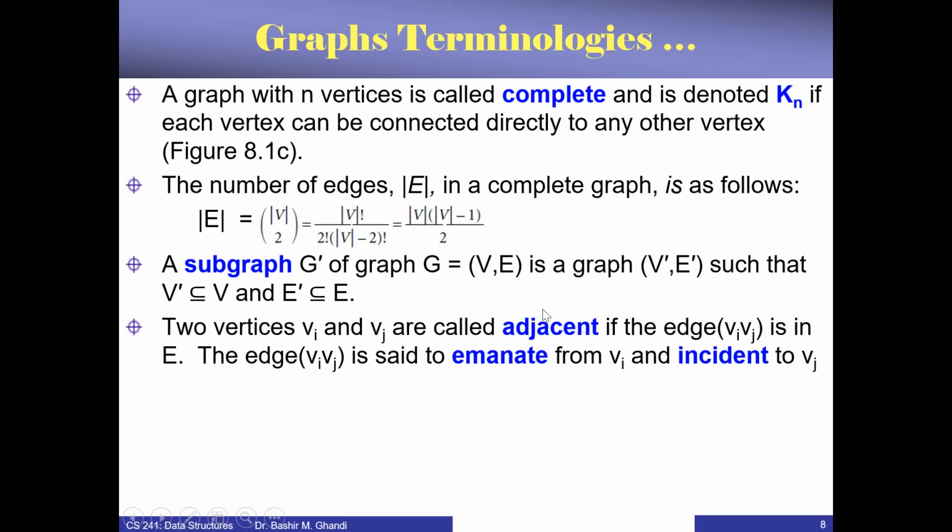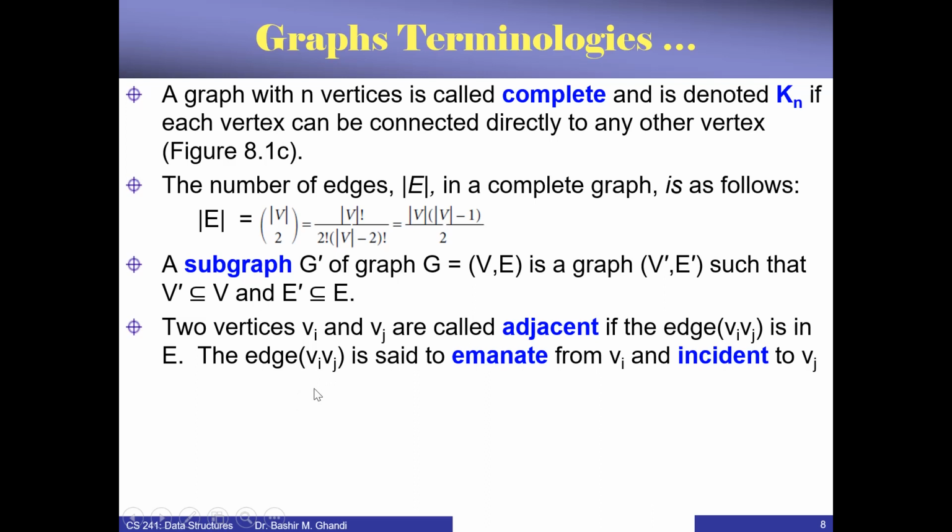Now, this distinction is important if your graph is directed, because as we know, in a directed graph there is a difference between Vi, Vj and Vj, Vi. For an undirected graph, the edge is considered to both emanate from Vi and also from Vj because there is no arrow.